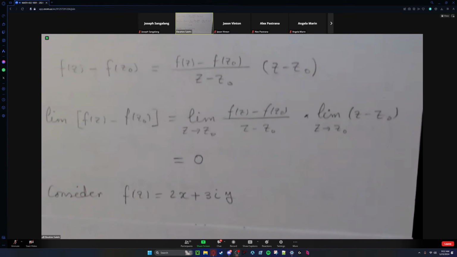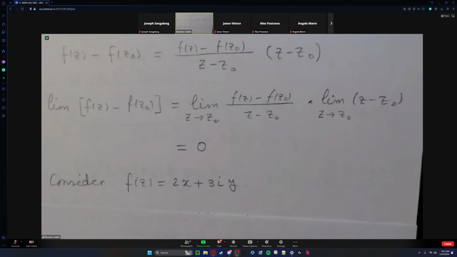Look at this. This is a counterexample. Remember, if the derivative exists, the function is continuous. But if the function is continuous, it doesn't mean the derivative exists. Here's a beautiful example. Look at this function.